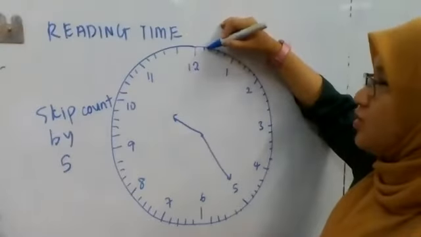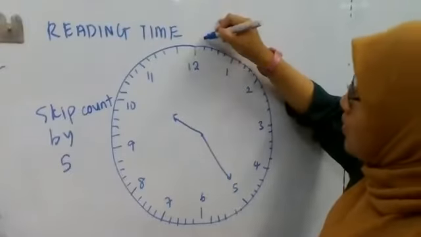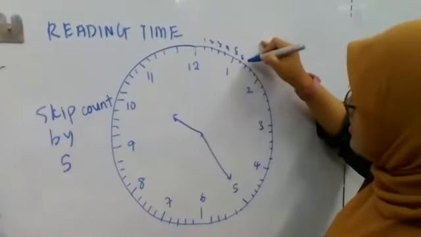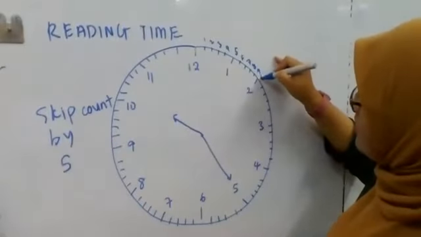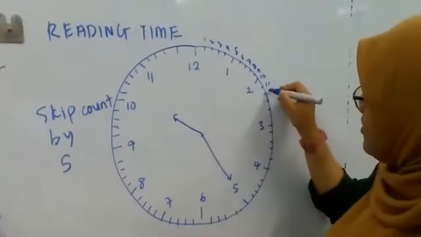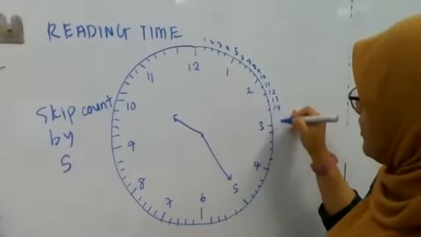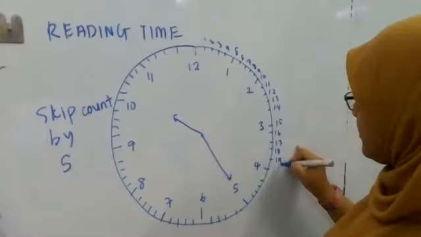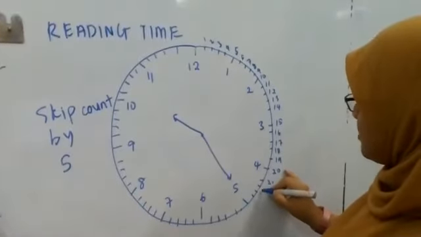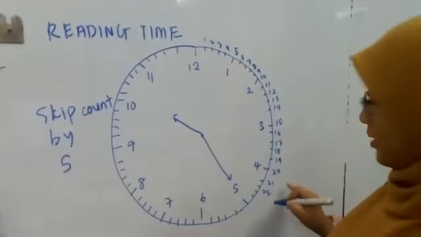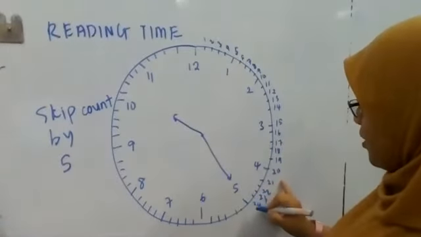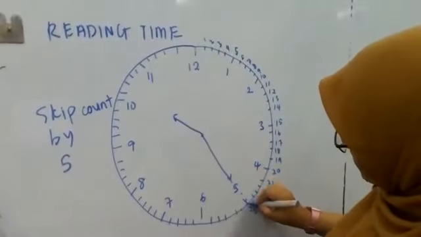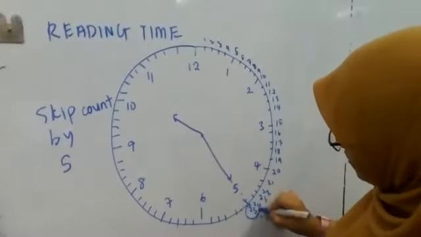The small lines here mean 1, 2, 3, 4, 5, 6, 7, 8, 9, 10, 11, 12, 13, 14, 15, 16, 17, 18, 19, 20, 21, 22, 23, 24, 25. So the needle stops at number 5, which shows the minute.